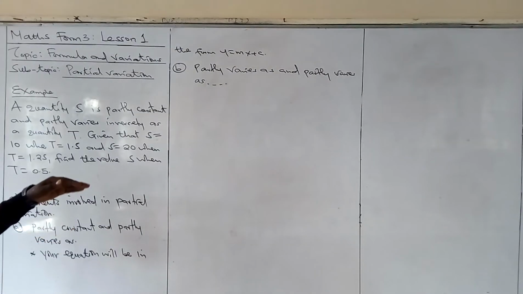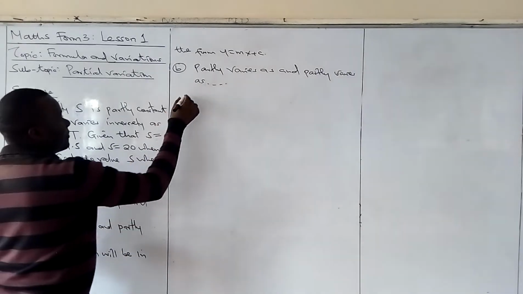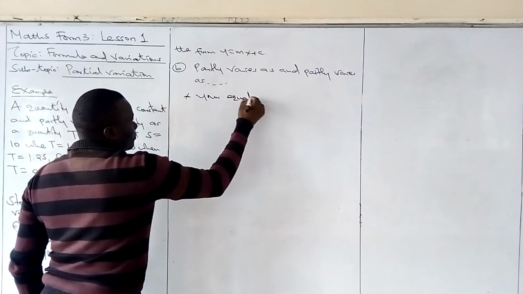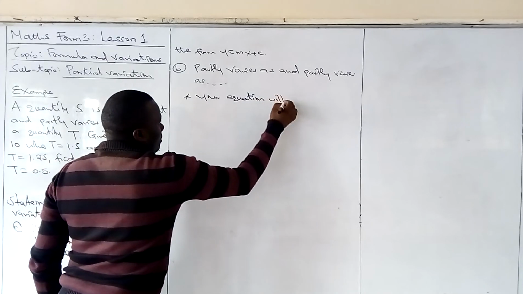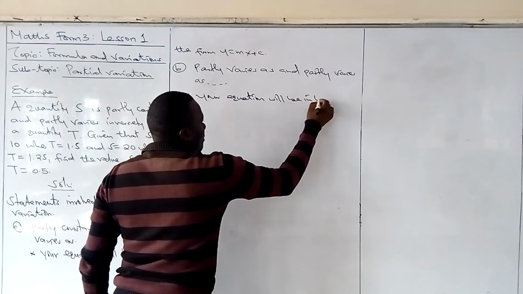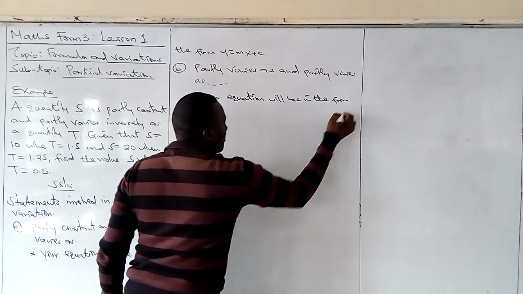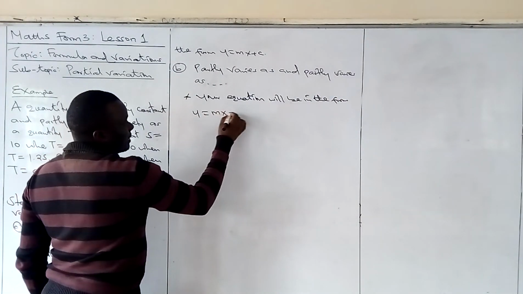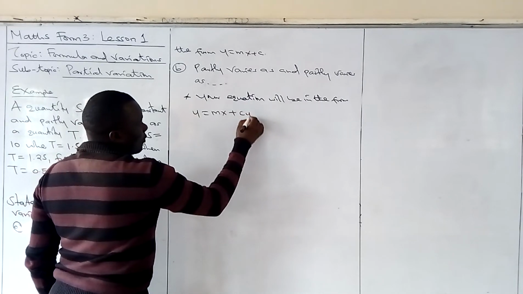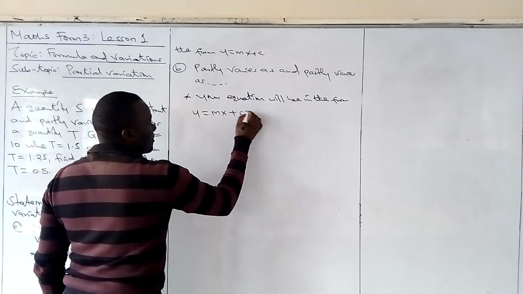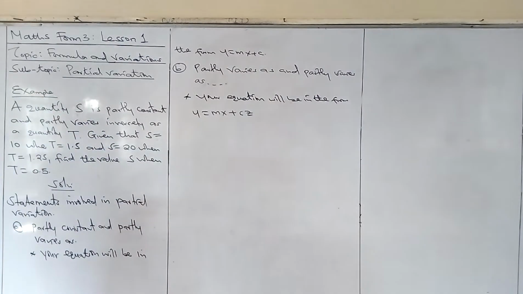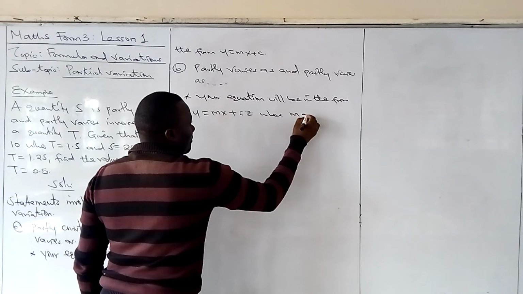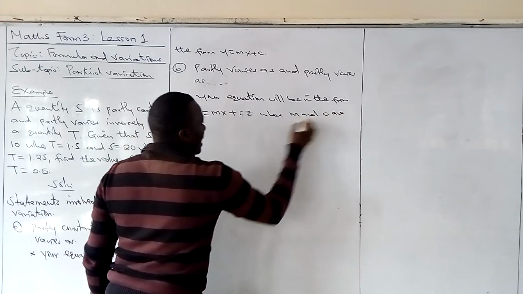So in that case, you will obtain an equation in the form y is equal to mx plus cy, or we can think of z, where m and c are constants.